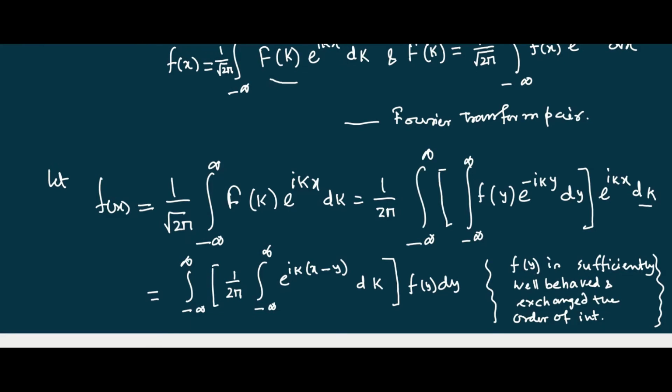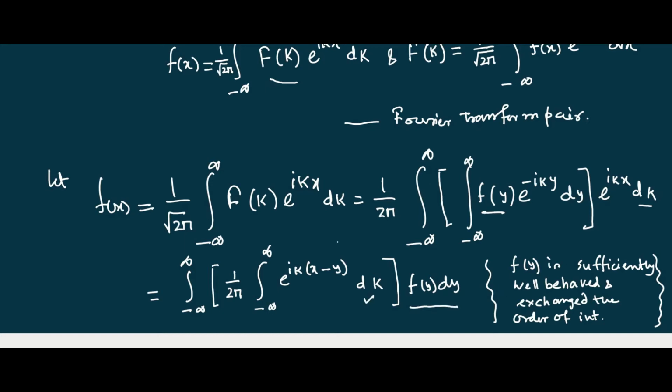And then minus infinity to plus infinity. f(y) is sufficiently well behaved in this case, so exchange the order of integration. So therefore I am writing in this way: 1/(2π) integral from minus infinity to plus infinity of e^(ikx minus iky), that is e^(ik(x minus y)) dk, multiplied by f(y) dy.